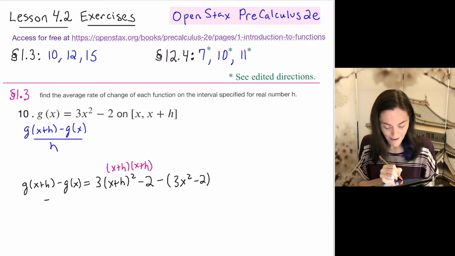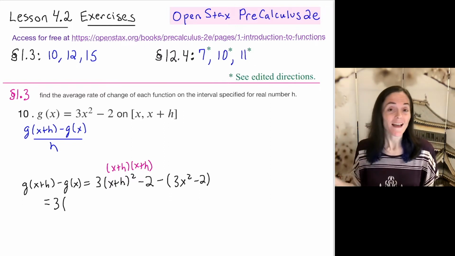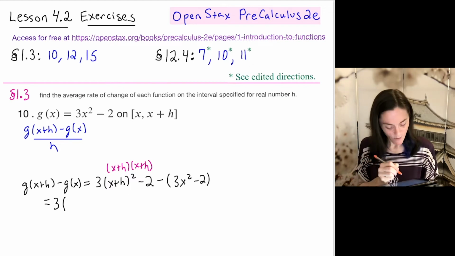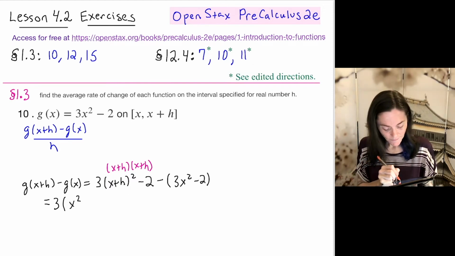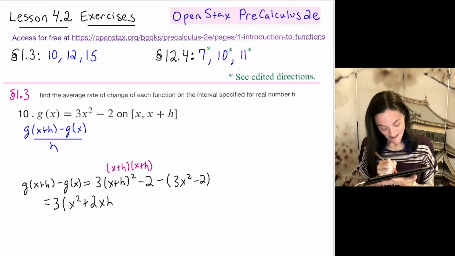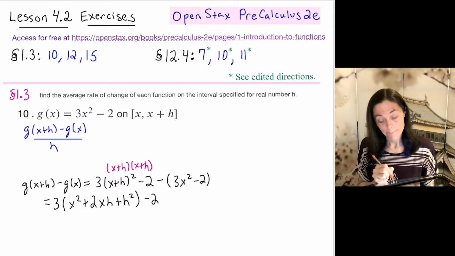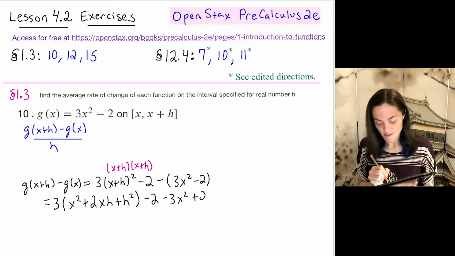So my first step, if we multiply all of this out, we get x squared, we have 2xh, and then we have h squared. Then we have minus 2. We have minus 3x squared and plus 2.